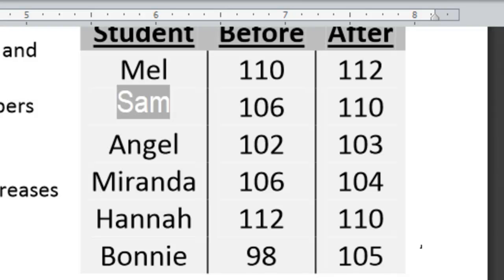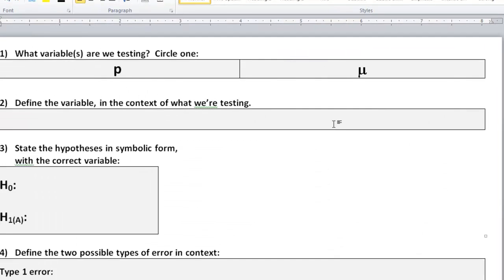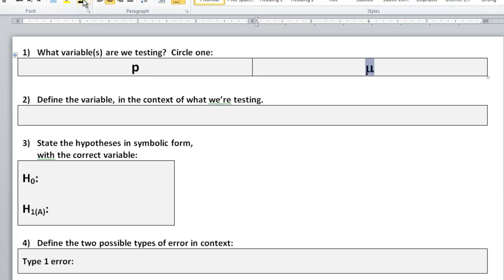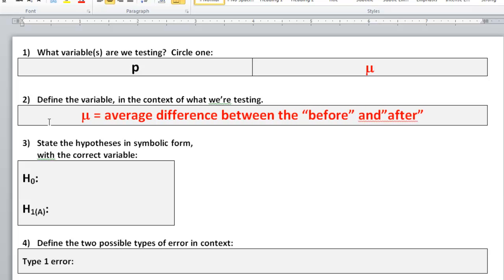Okay, oops. Where did my Word document go? There it is. So we're going to test an average, and that average is going to be the average difference between the before and after scores.